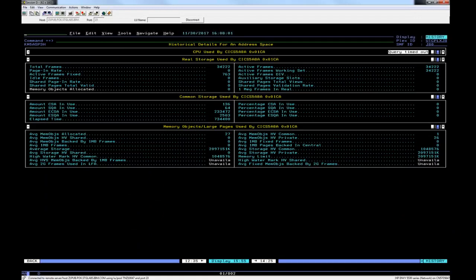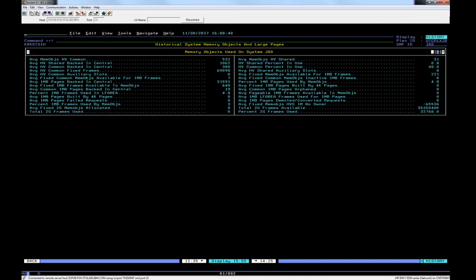But what I want to show you is that the memory objects allocated, this is highlighted in white, and that means one can zoom by putting the cursor under the literal and hitting enter. We'll get to the next workspace. This is a test system, and the response time is slow, they could be doing stress testing right now. But what I wanted to show you was that there are 2 GB memory object metrics here.